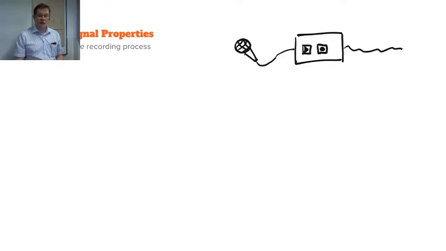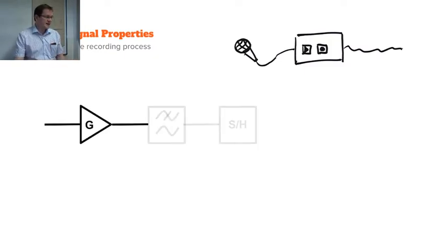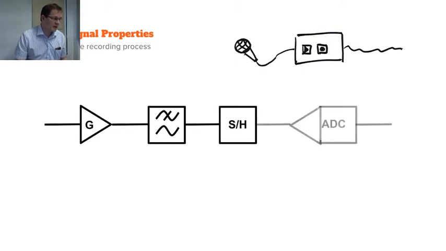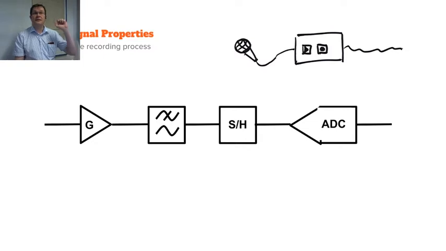What sampling actually means, or what is required in order to get a sample into a computer? Simply, we need some hardware. We need signal conditioning, which is the first part there, the gain and the analog low pass filter.